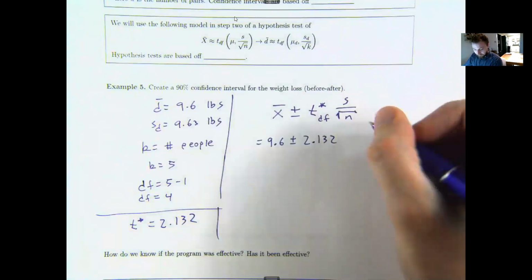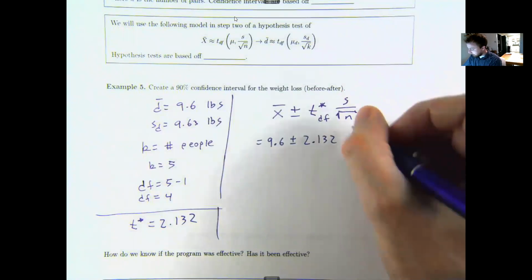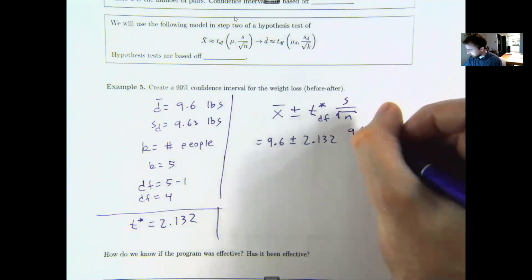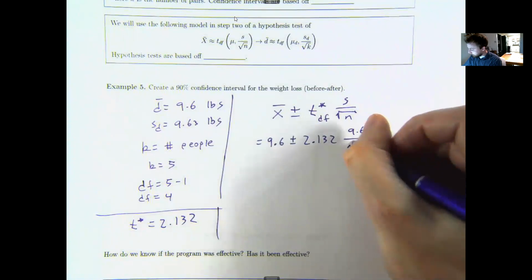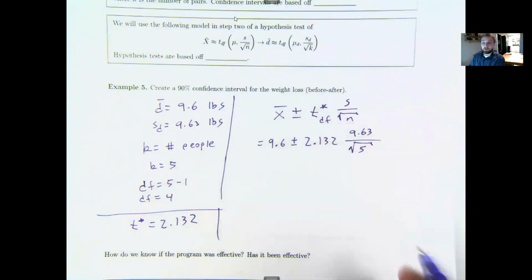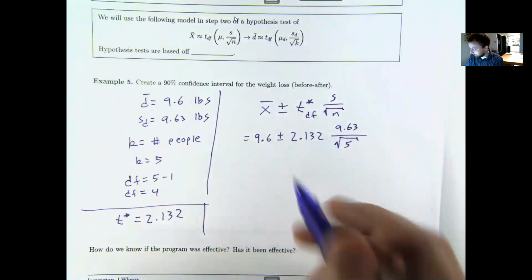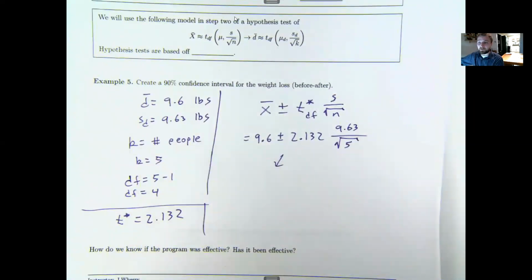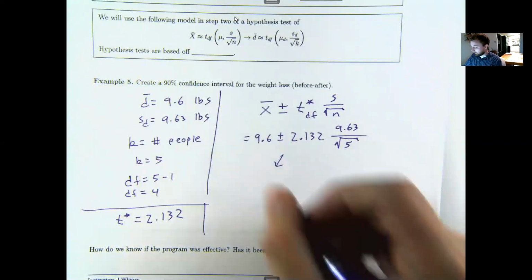My standard deviation S here was 9.63, over the square root of my number of samples, which were 5 individuals. I'm going to type this into my calculator, once with a plus and once with a minus.